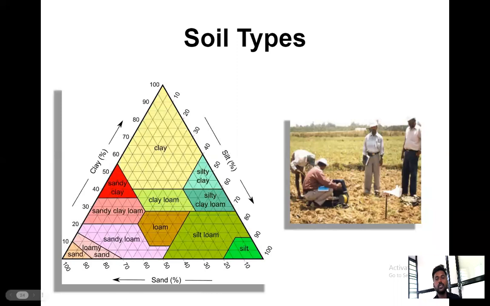Depending on that percentage, the different types of soils are shown here. You can take a screenshot of this. Depending on the percentage of sand, clay and silt in the soil, the different kinds of soils are shown here.